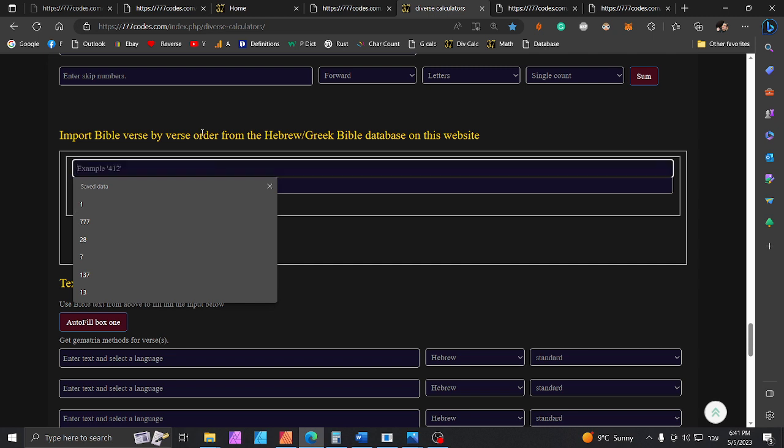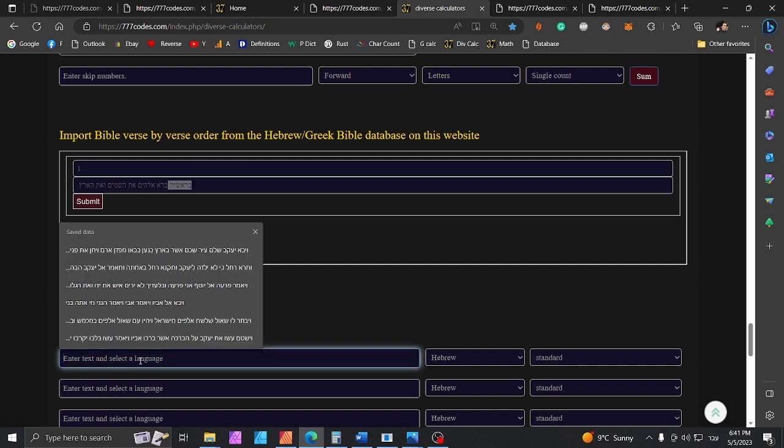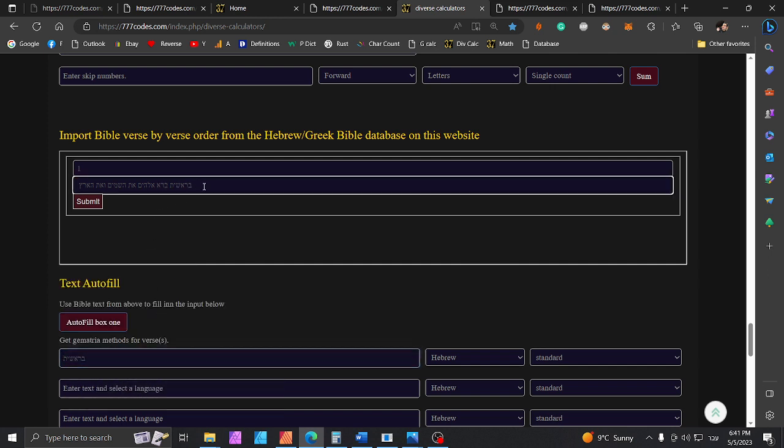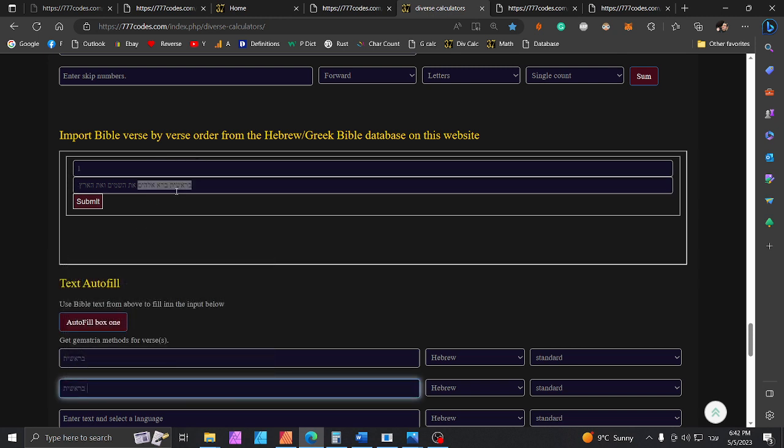So you take the first verse, and you take the first word, and you divide that by the ultra calculation of the first three words. The copy pasting is a bit bugged.